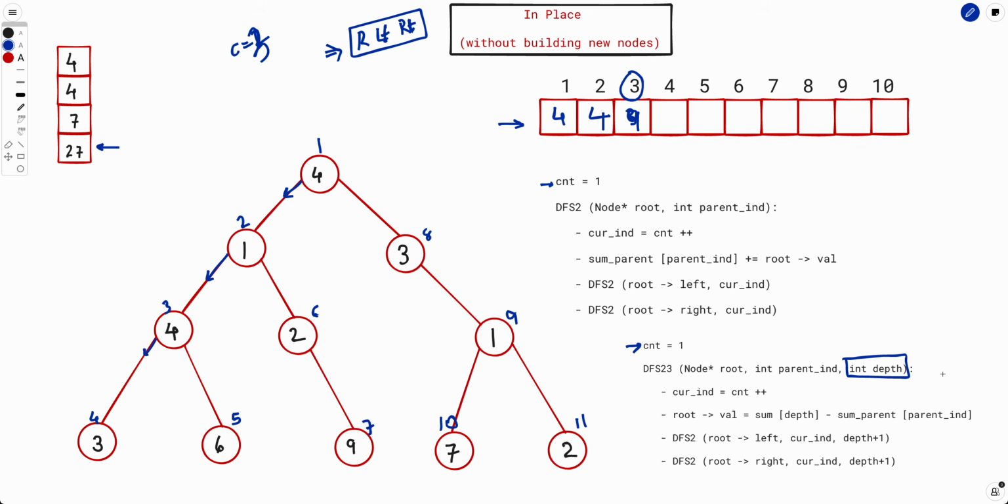Whenever you reach a node, you simply calculate the sum at that particular depth and the sum of the children of its immediate parent, and you subtract these two and you will get the value of the current node, and you will just replace this directly here instead of creating a new node, right?